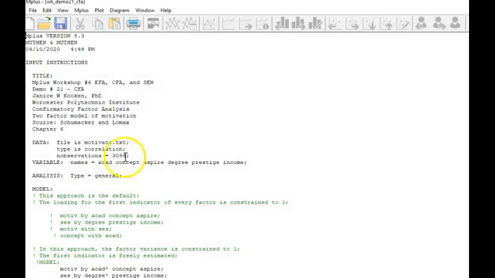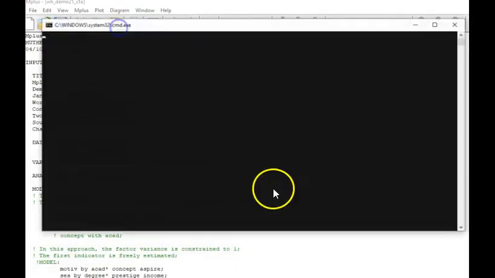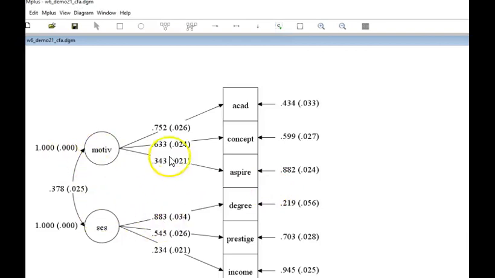I need to delete that. Let me see if I should be able to get a new one here. Yep, here we go. Now you see that the indicator of academic has a factor loading that's not 1, so that has been freely estimated. And the same thing with degree.